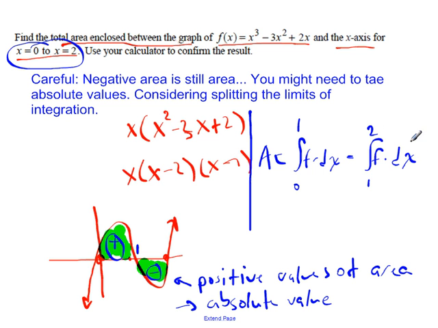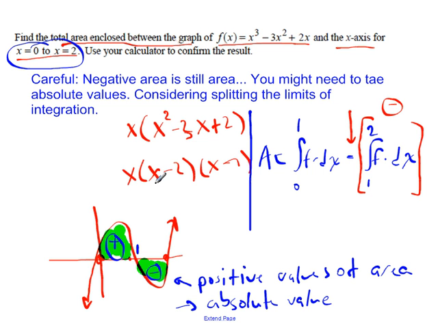Why am I subtracting? Why did I decide to put a negative sign here? Because this area is negative, so we'll have a minus, which will turn it positive.